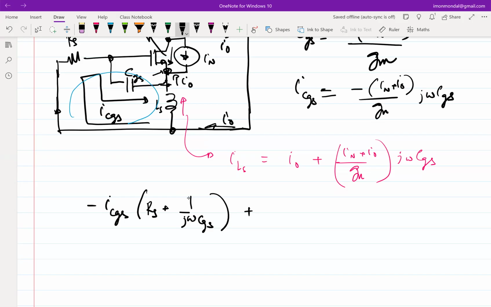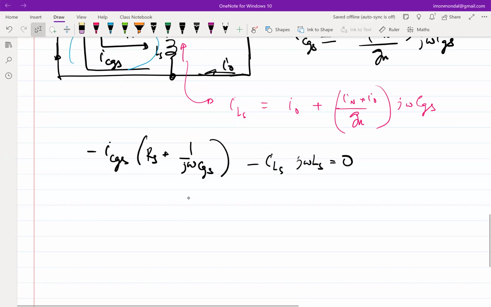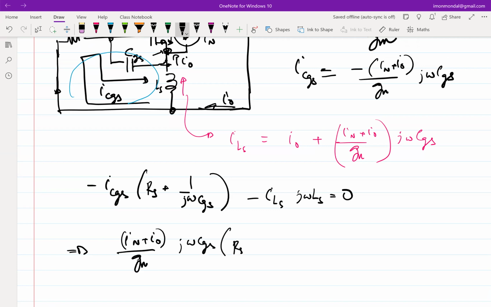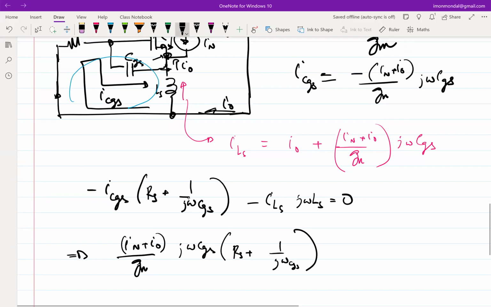If I am going around the loop, so it will be negative of ILS times J omega LS should be equal to 0, which essentially means that I'll just plug in these values. So negative of ICGS is IN plus I naught over GM times J omega CGS. Yes, then negative of ILS is minus I naught.